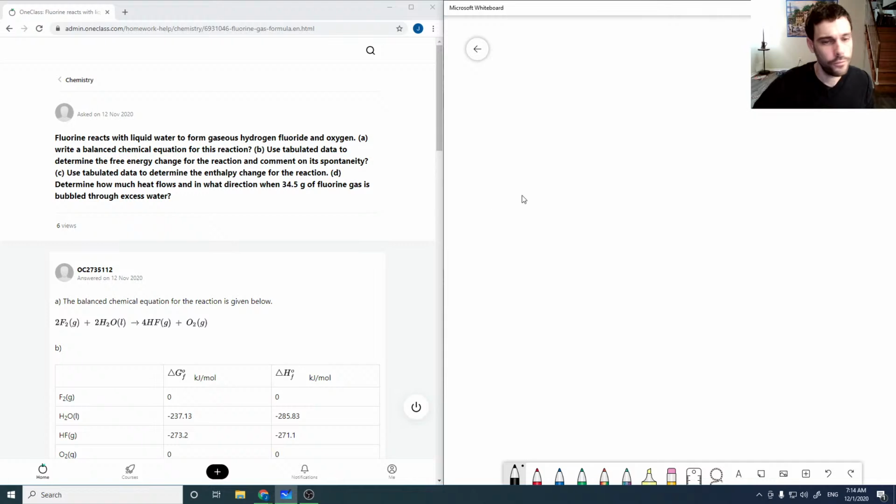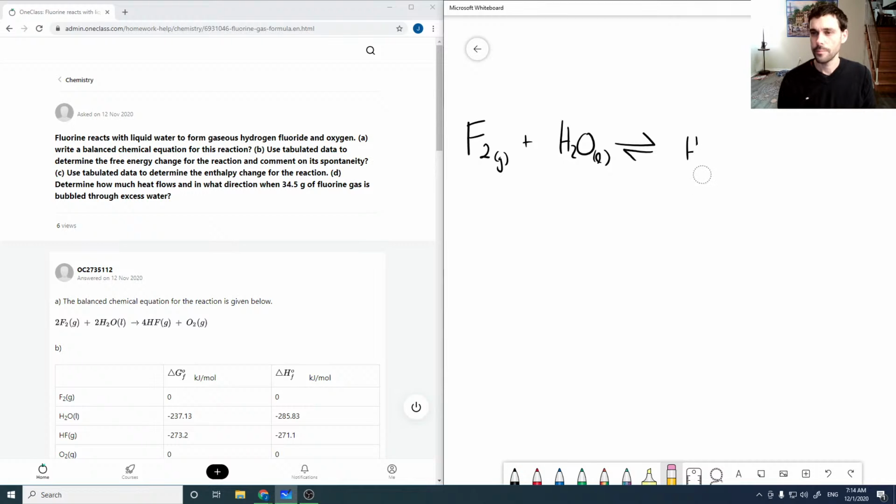Okay, fluorine reacts with water to form gaseous hydrogen fluoride and oxygen. The first part is to write a balanced equation. So here we've got fluorine gas plus liquid water, giving us HF gas plus O2.